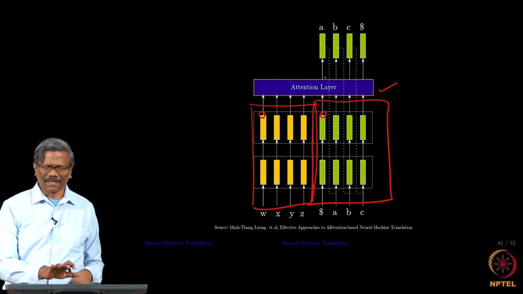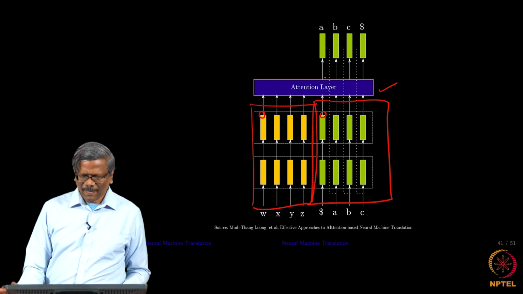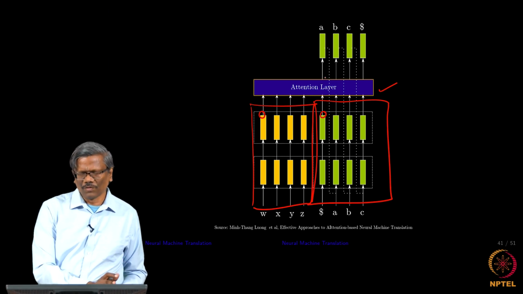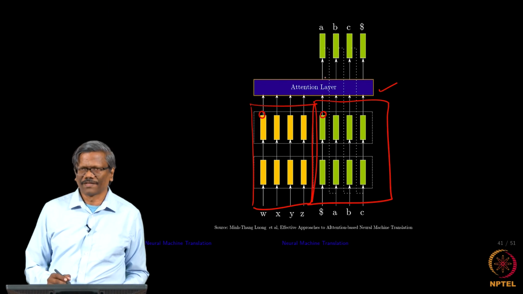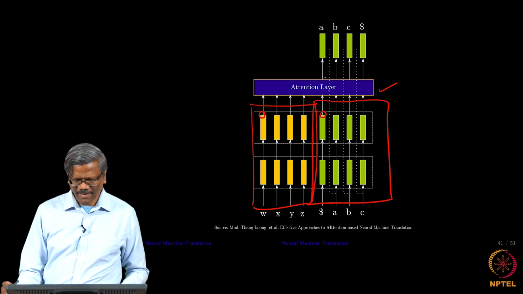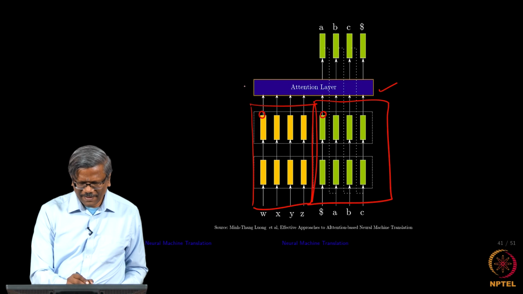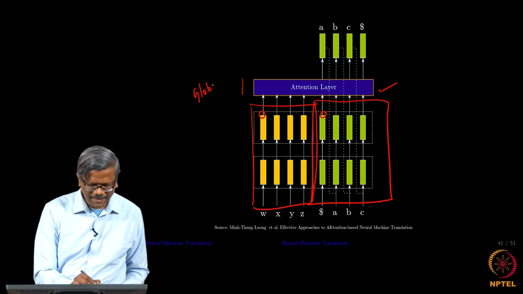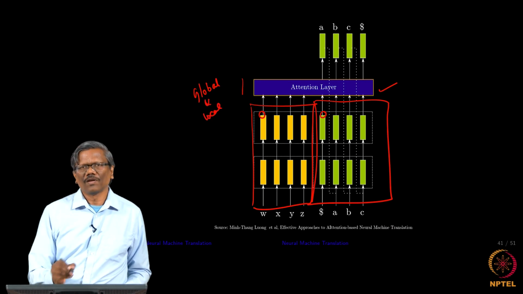This is a very standard approach and a simple diagram that depicts both global as well as local attention in one. Only in this do we introduce the global and local models.